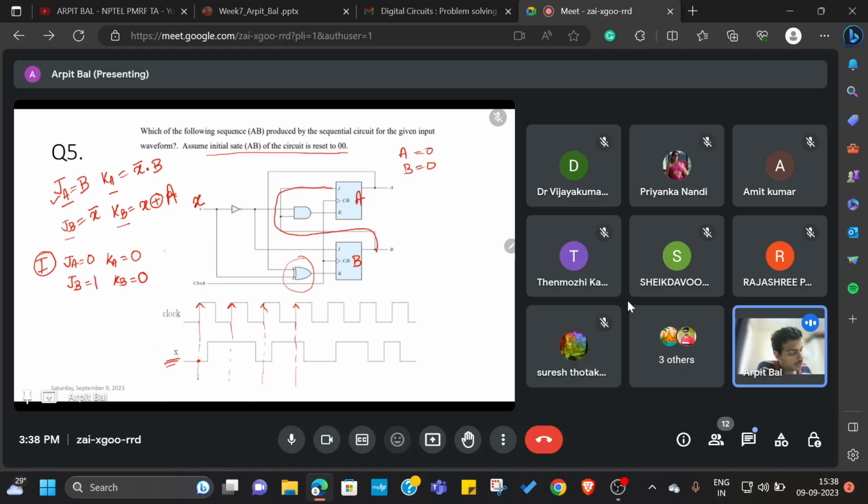So what is going to be our A output? Initially AB was 0, 0, and now what is going to be A plus B plus? For finding out A plus, look at this flip-flop. Finding out B plus, look at this flip-flop.